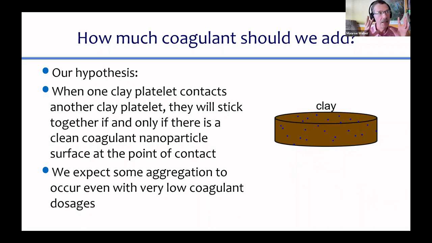And so even with a little bit of coagulant, you'll start to see a little bit of improvement in removing particles. And as you increase the coagulant dose, you'll be coating your clay more thoroughly. The probability of attachment will improve and flocculation will happen faster. Conventional theory would predict that you will get no effect when you add coagulant initially.